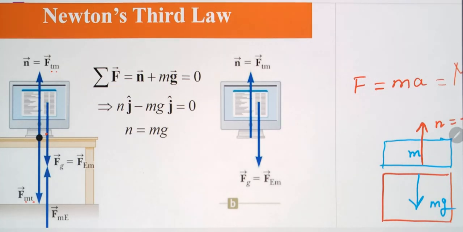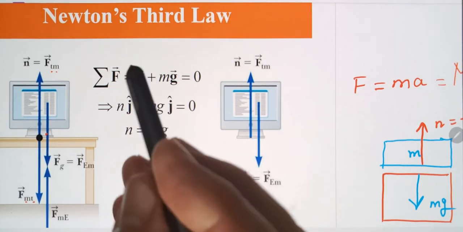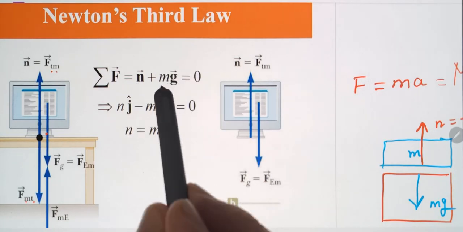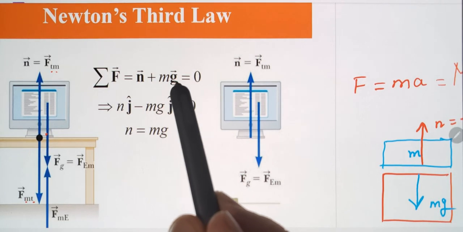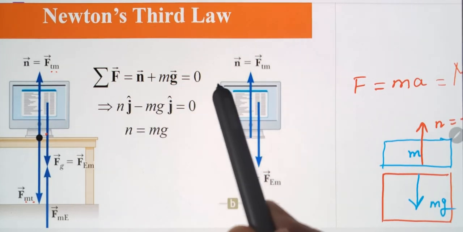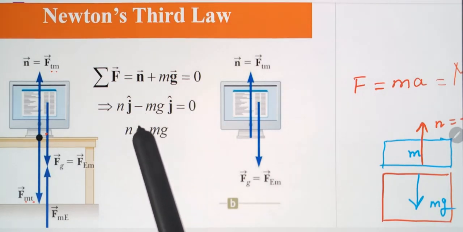Normal doesn't mean natural, it is not translated as natural. Normal means perpendicular to the surface. That is why we call it normal force. It is perpendicular to the surface. So the normal force is a vector and the gravitational force is a vector. And because the object is not moving, the sum must equal 0. There is no acceleration and the object is stationary.